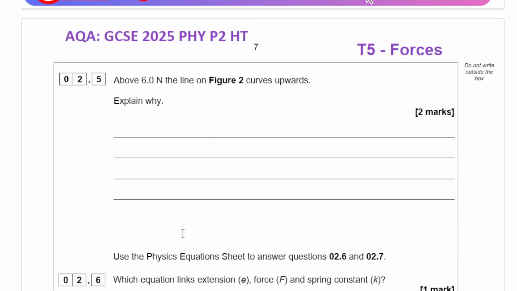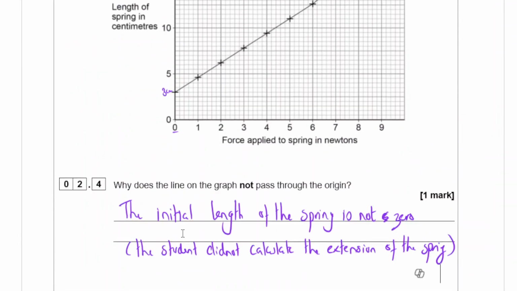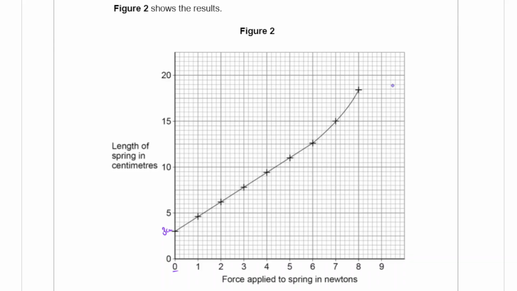Above 6 newtons, the line on figure 2 curves upwards. Explain why. Now, up to 6 newtons, it's a straight line. If it's curving above, that means with an additional 1 newton, it's getting longer than it initially should. So even up to 7 newtons, it's got longer by 2.5 centimeters.